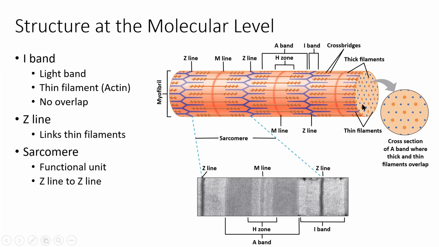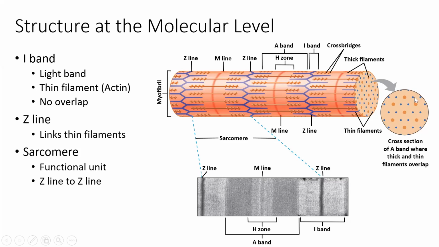Okay. And we can also think about a cross-section of a myofibril here. So if you look at this cross-section of a myofibril, the A band is where there's thick and thin filament overlap, right? And then the very small dots or the small cross or cut surfaces are representing just the thin filaments, and the larger specks are representing the thick filaments.